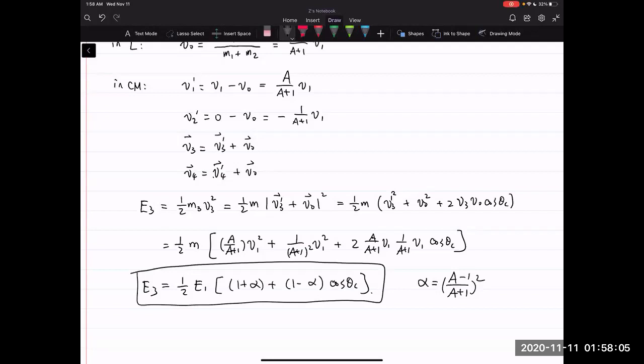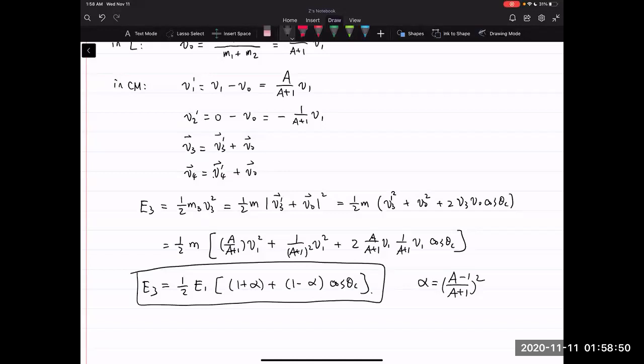But in quantum mechanics, we are aiming the neutron towards the target precisely, and the scattered neutron can still go to any of the 4 pi angle, because the scattered neutron is described by a spherical wave function and has an equal probability to go to all the 4 pi angle. So the distribution of theta c is uniform, and integrating that to get 1, the probability density of theta c is just 1 over 4 pi.